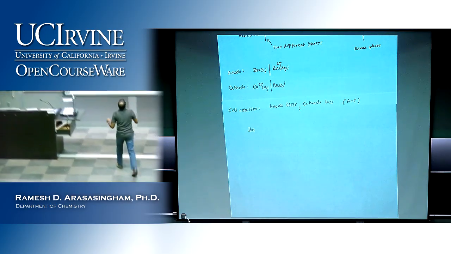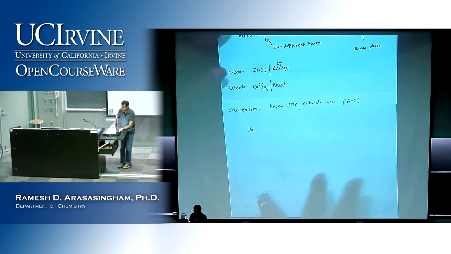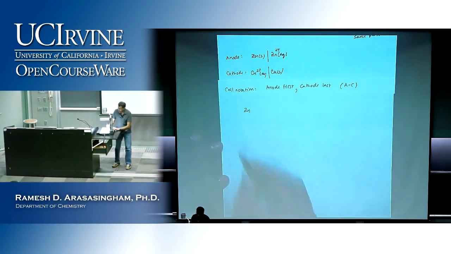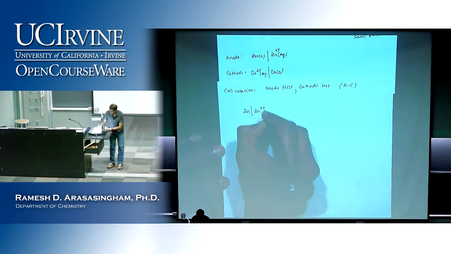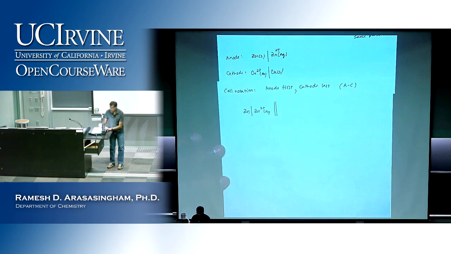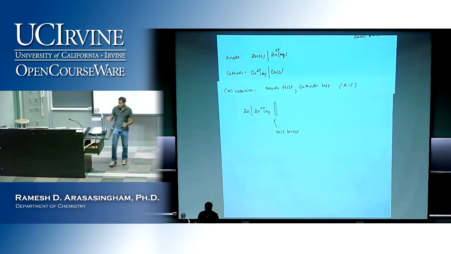Okay? So now, if I combine them to give the cell notation, you start with the anode, and you know the anode is that. So vertical line, zinc 2 plus aqueous. Now I put a double line, and this double line refers to the salt bridge, which completes the circuit.